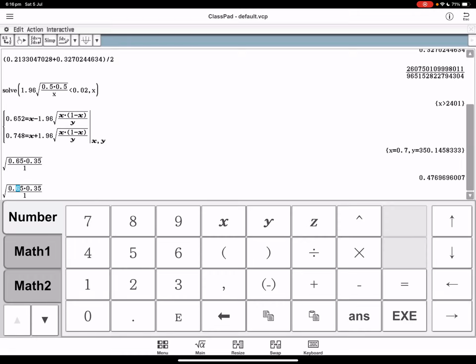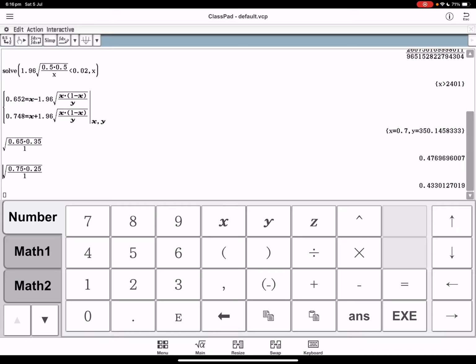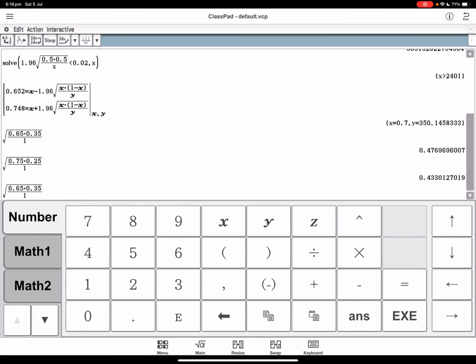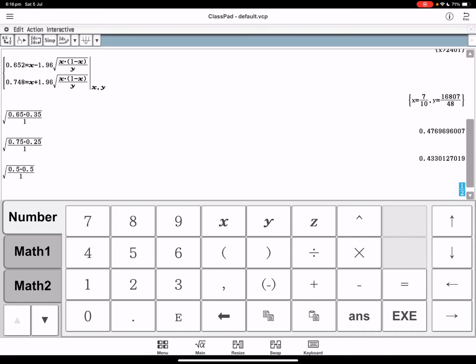And if we change that to 0.75 times 0.25, look what it does. It becomes 0.43. You can see it's not as bad as 0.48. And by the way, you can see the worst was 0.5. If I do 0.5, we literally have the biggest possible number there, which is 0.5.